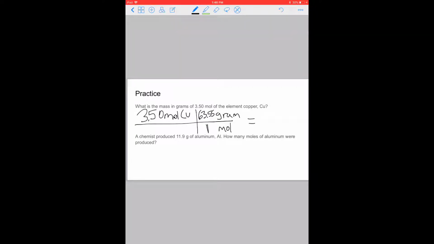So now I'm going to plug that into my calculator, and I get a mass of 222.4 grams of copper.